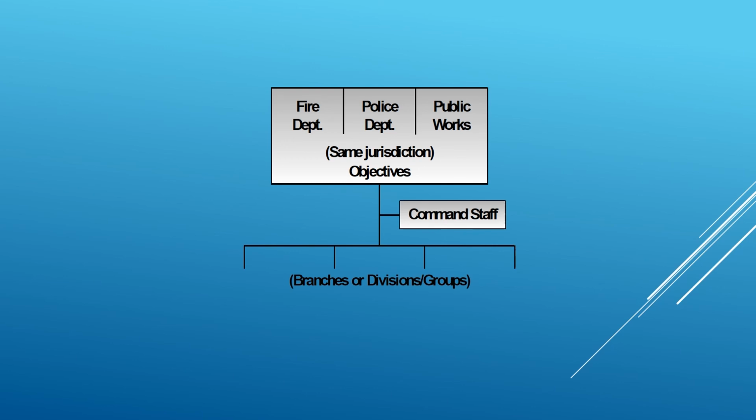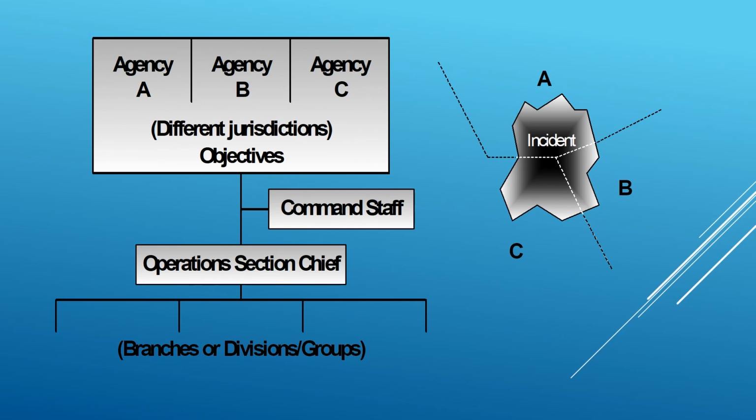There's also this concept of unified command where it's over a large-scale area and you have different agencies. You could have 3 different counties operating at a large-scale incident, and you've got agency A, B, and C, and they all have different jurisdictional objectives, but they're all part of the unified command.